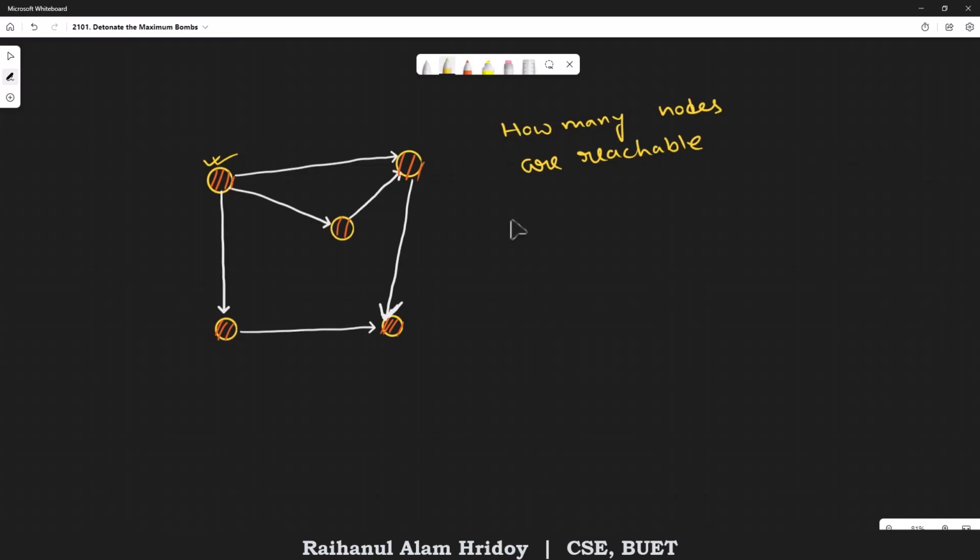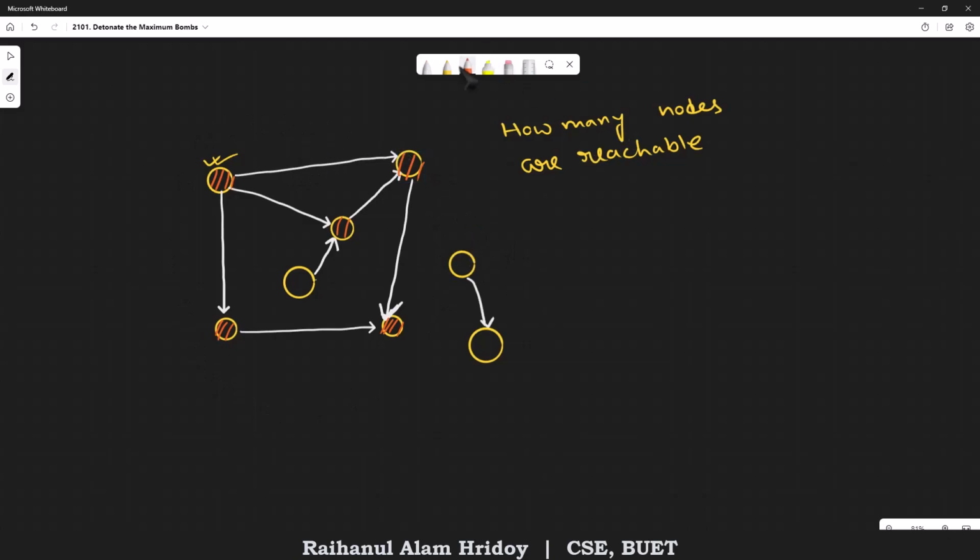But if there were another node, this one, and another, and another, and they are connected this way, and this one has no connections with anyone, then what will happen when we are in this node? This node doesn't have any incoming path, and these two nodes don't have connections with it.